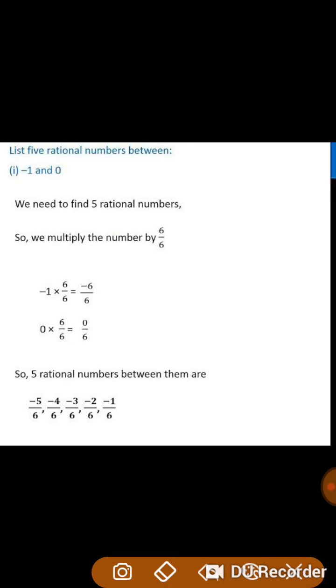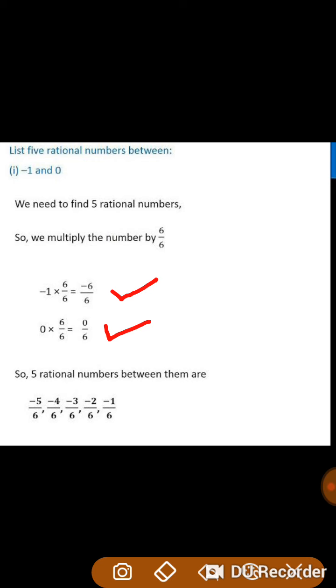So when we multiply -1 by 6 upon 6, we will get -6 by 6. And when we multiply 0 by 6 upon 6, we will get 0 by 6.